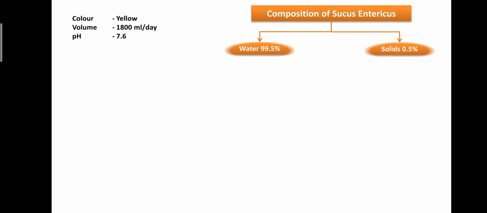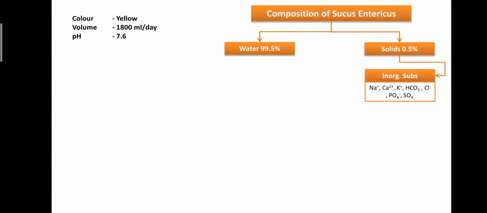It consists of 99.5% water and 0.5% solids, and the solids are subcategorized into inorganic substances like sodium, calcium, potassium, bicarbonate, chloride, phosphate and sulfate, and organic substances.